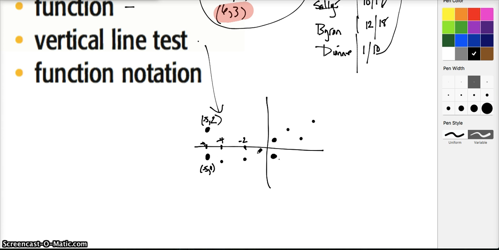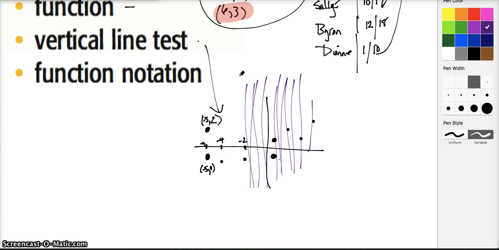I just want you to check that out. And so when I come back around, here's the vertical line test. If I can continually draw vertical lines throughout the graph, and none of these vertical lines hits more than one point, meaning each vertical line only hits one point, then I know I have a function.